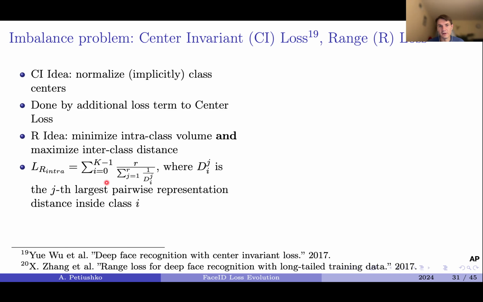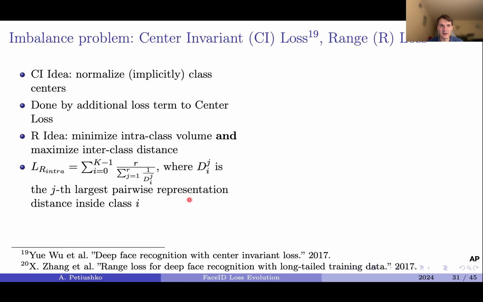So this is about the volume, a quite sophisticated formula. The sum over i from 0 to k minus 1 of R over the sum over j from 1 to r of 1 over dij, where dij is the jth largest pairwise representation distance inside class i. Usually r is equal to 2 or 3, not that big, so only the 2 or 3 biggest pairwise distances are used, but it doesn't matter.